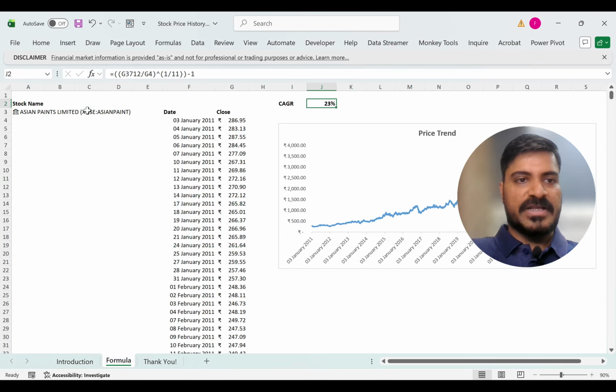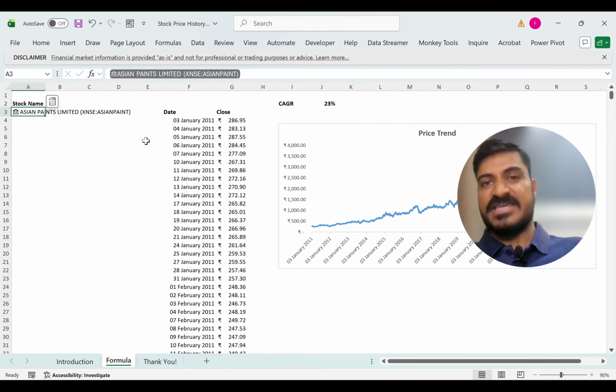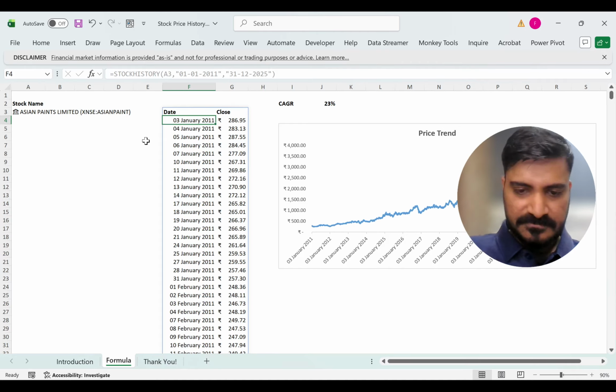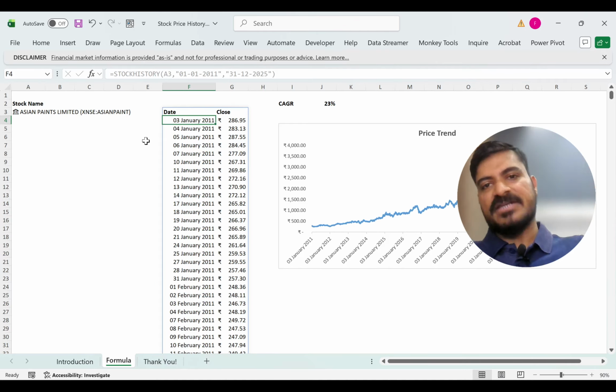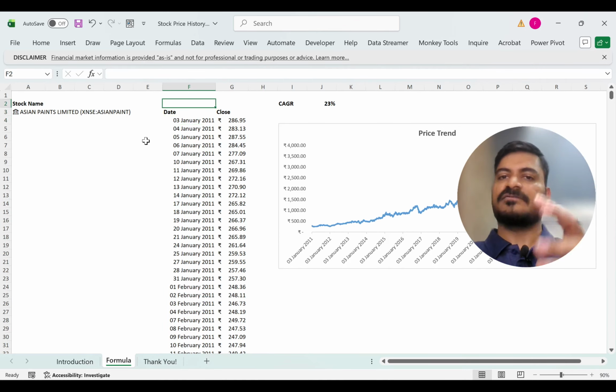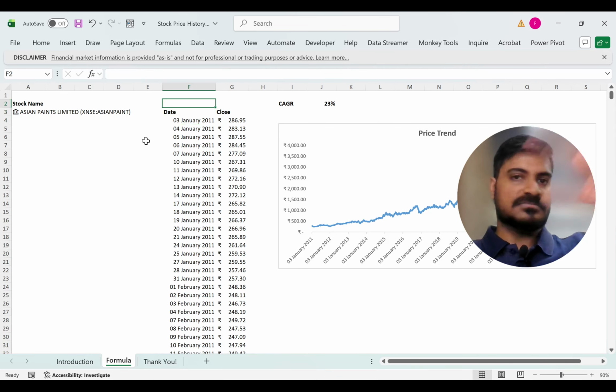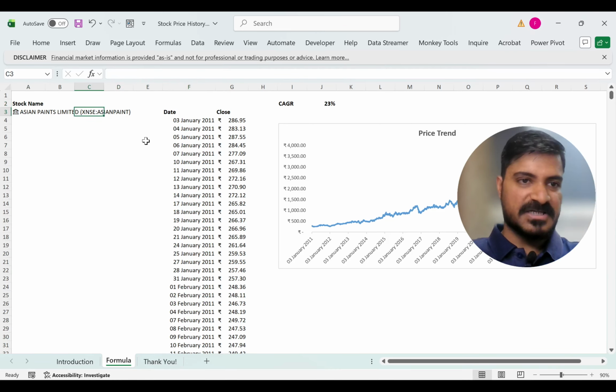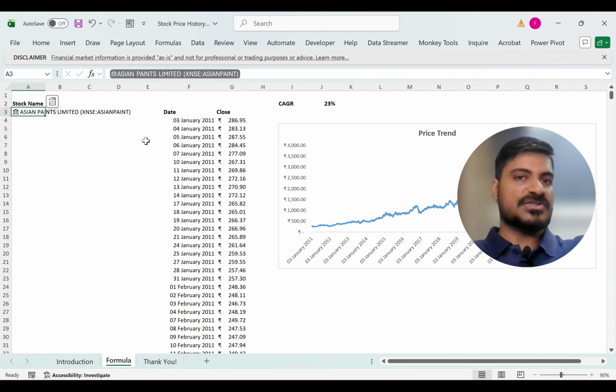Now, for example, I have a stock which is Asian Paints Limited, and I want to analyze or get the last 15 or 25 years of data over here. If I were to do that manually, I would have to first go to some stock website or NSE BSE. From there, I go to Asian Paints Limited, and then I ask for historic data.